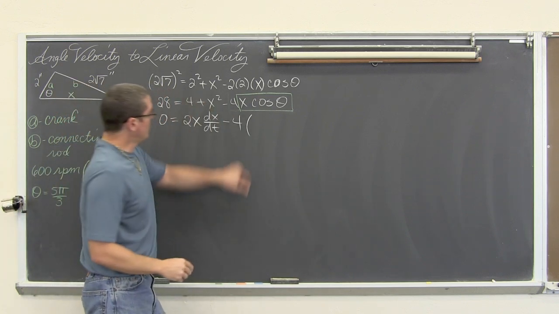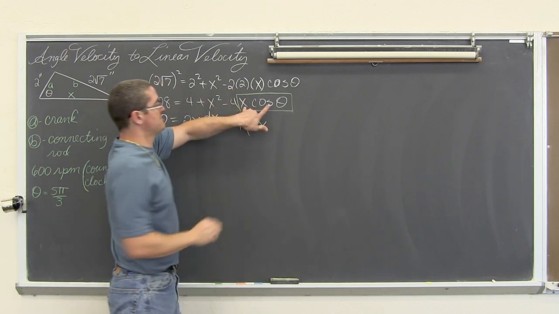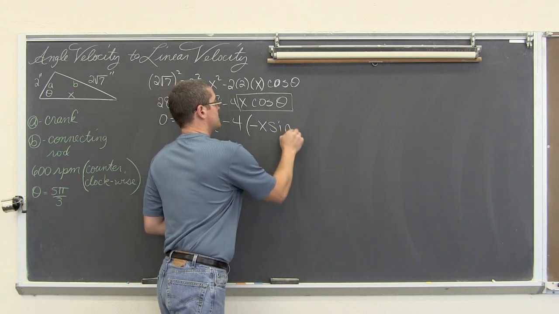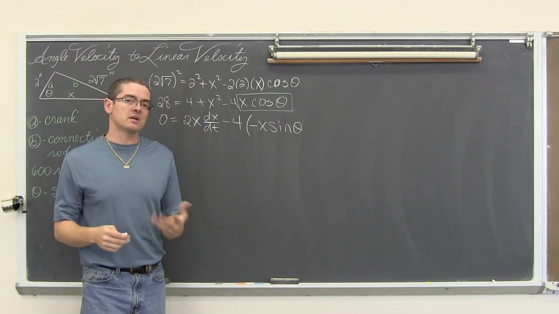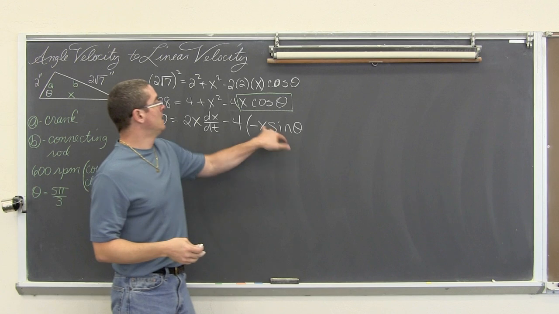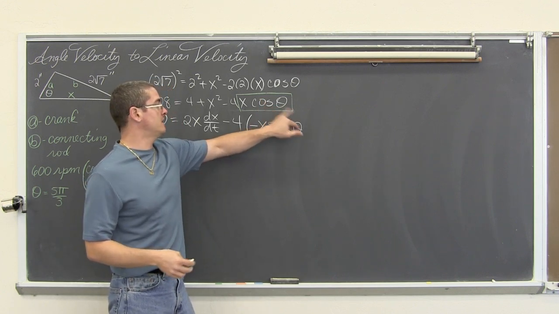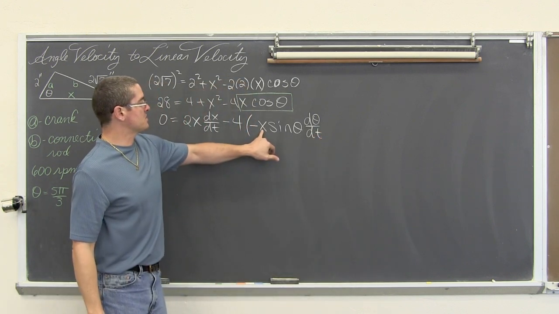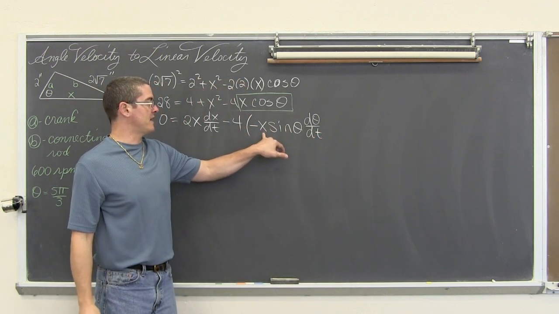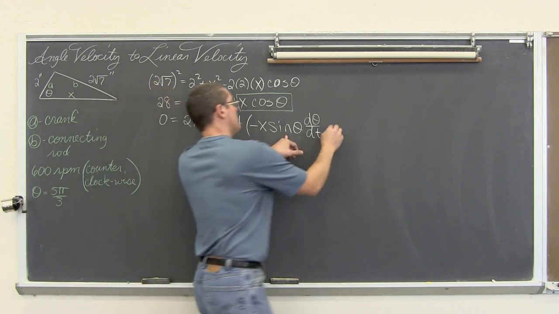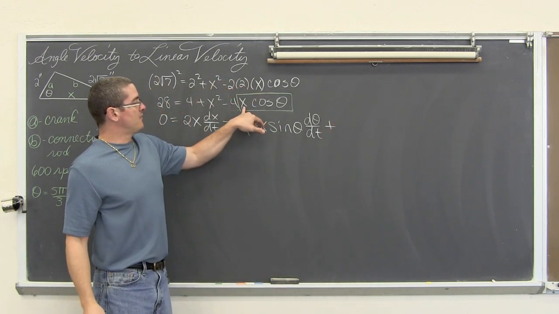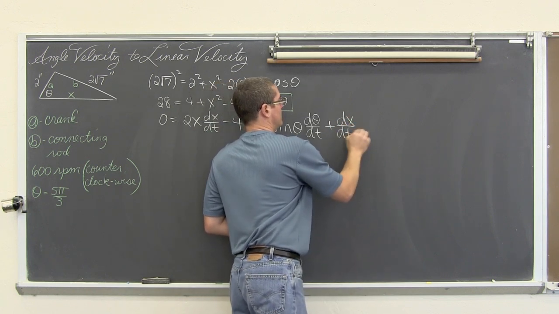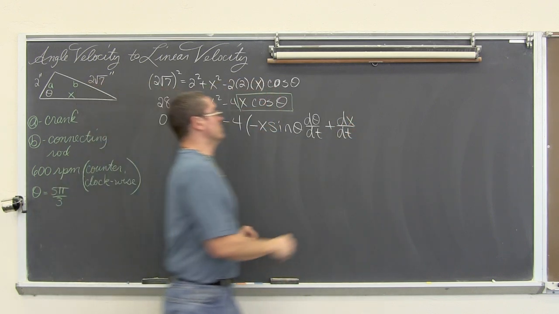So we have x times the derivative of cosine, which is negative sine, so I'm going to put a negative sine theta, and then it's a chain rule because we're doing the derivative with respect to time, so negative sine from the derivative of cosine, and then d theta dt. So that's the first factor times the derivative of the second factor, plus the derivative of the first factor, which is going to be dx dt, times the second function, which is cosine theta.